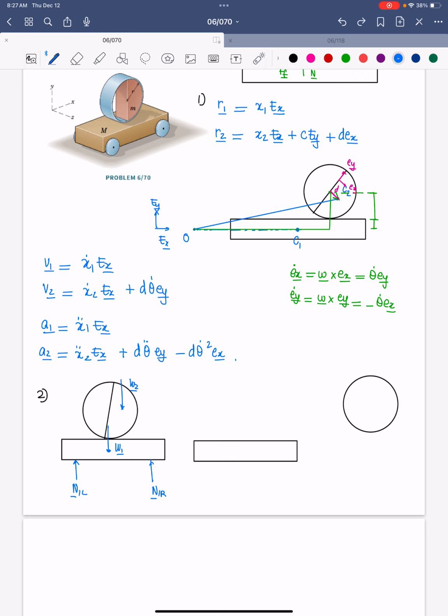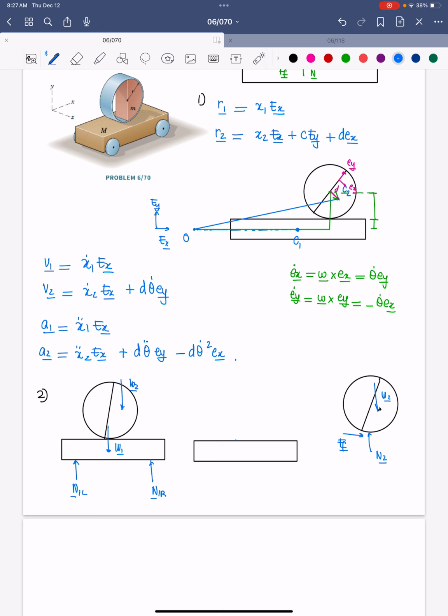On the semi-cylinder I have the weight, weight 2, and normal force N2, and friction force.